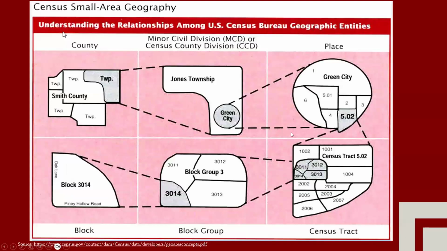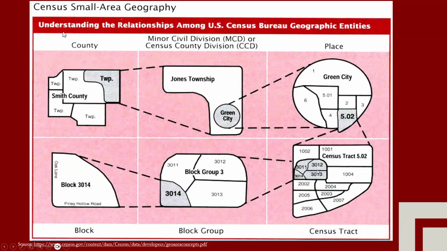Going back to this example, if census tract 3012 has gained a dramatic number of population, let's say it went over 10,000, then the Census Bureau could split it so that it becomes 3012.1 and 3012.2. They can split it into two different census tracts.